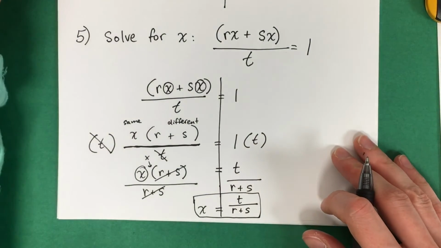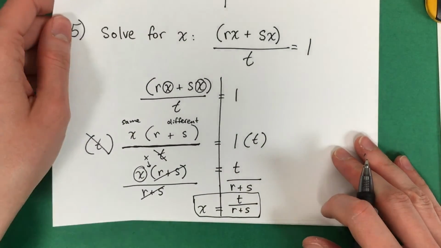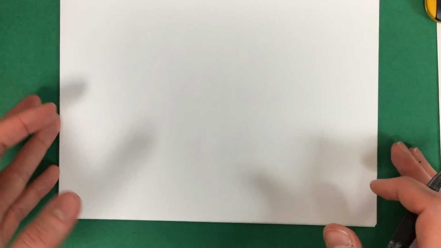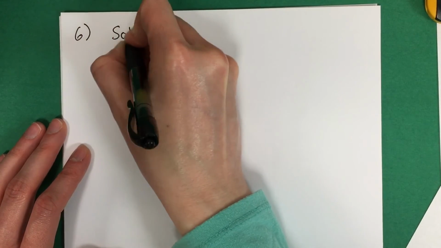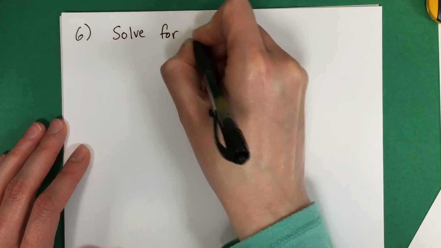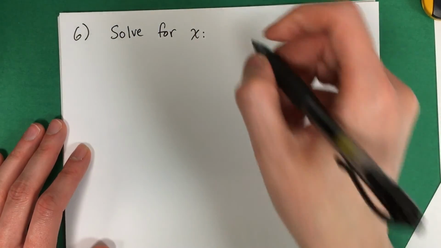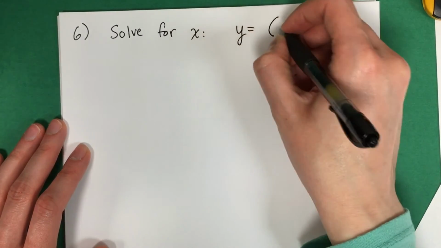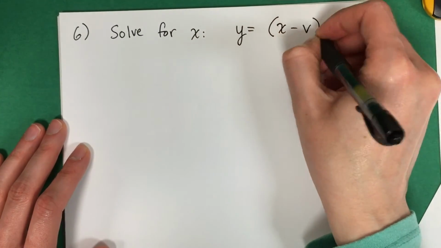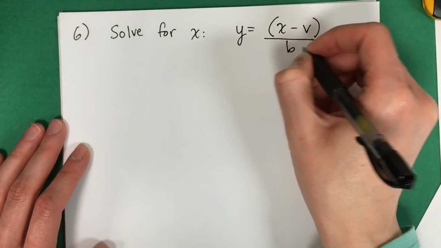Okay, one more. Last one. This one is a little different. Okay, this one, question 6. Also solve for x. And we have y equals parenthesis x minus v parenthesis divided by b.